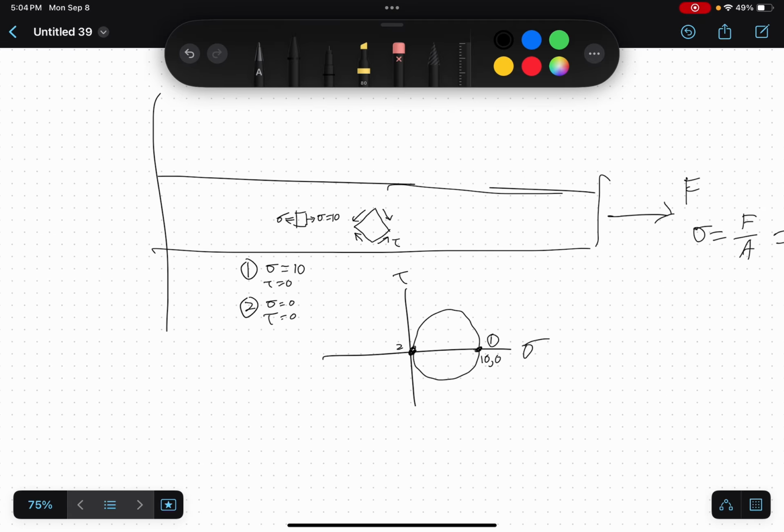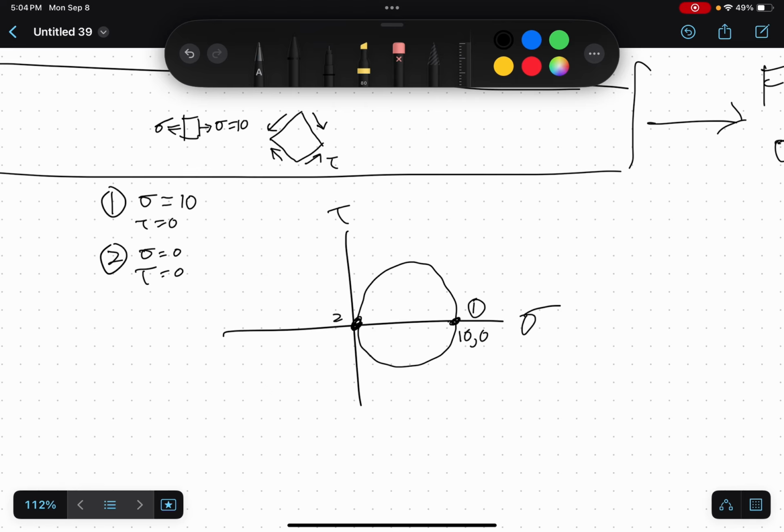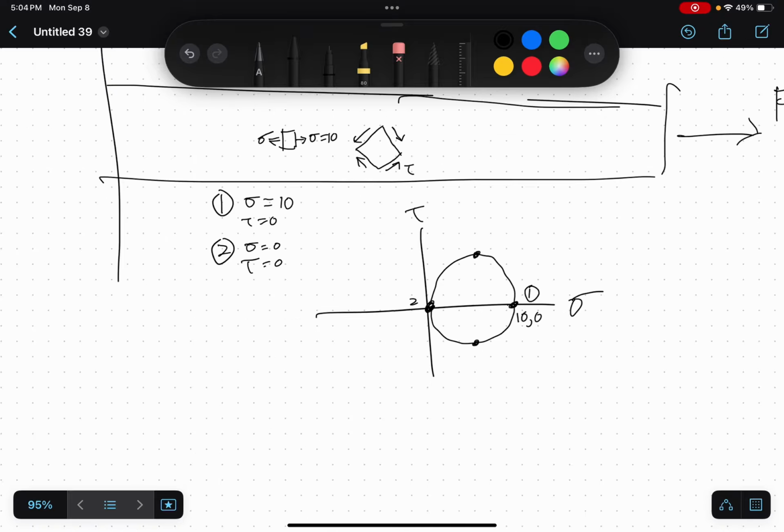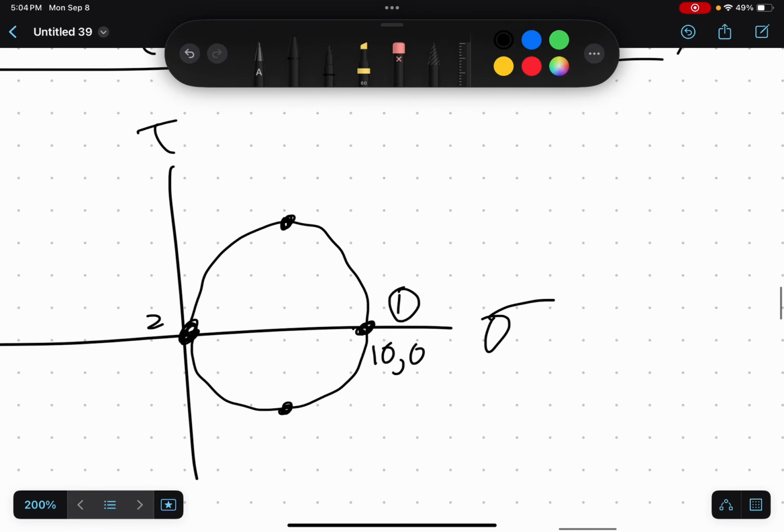So how does this help us calculate what the maximum possible shear stress is? Where is the maximum possible shear stress? It is at the top or the bottom, in this case, of the circle. So how do we calculate what that value is going to be? Well, in this example, it's going to be pretty straightforward. We know that the center of the circle is (10 plus 0) over 2, which is just 5.